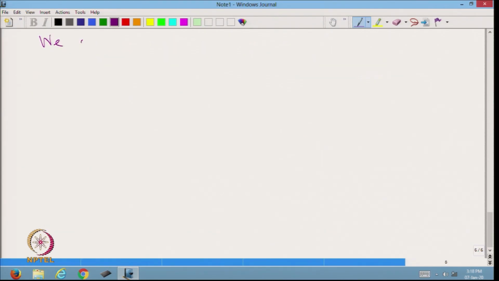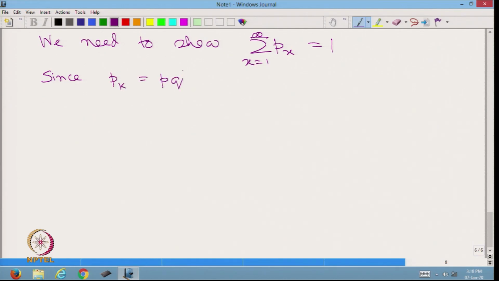Next, we need to show sigma p(x), x equal to 1 to infinity, is equal to 1. That is very easy to show, since p(k) is equal to p q to the power k minus 1.